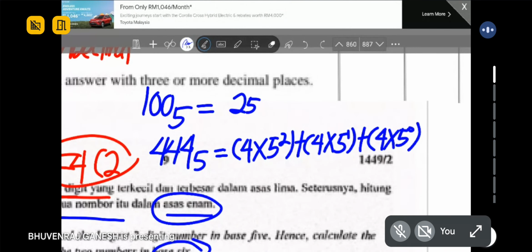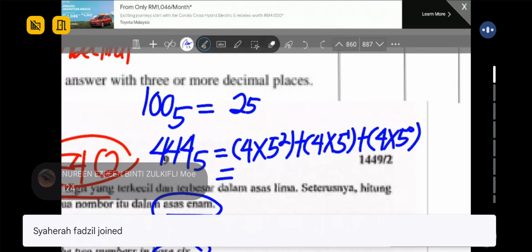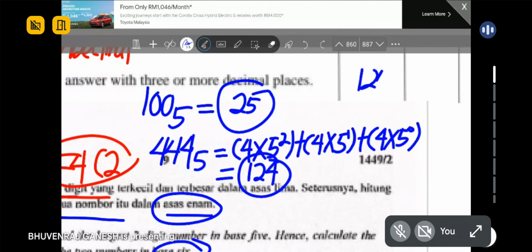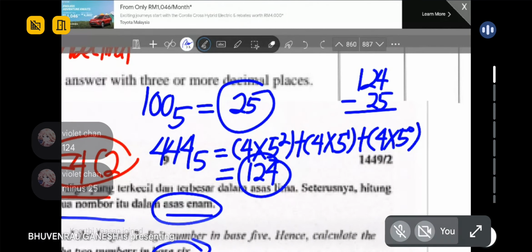So this is the answer. So jawapan dia how much? 124, yeah. Okay, 124. So you guys can find the difference first. Cari beza dua-dua yang ni. So 124 minus 25, berapa? You can press calculator. 124 minus 25, 99.